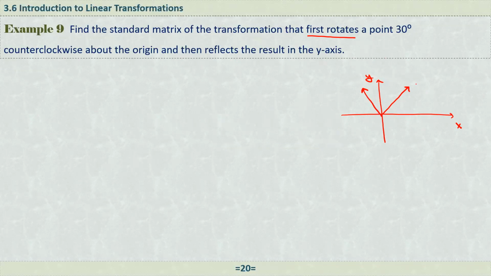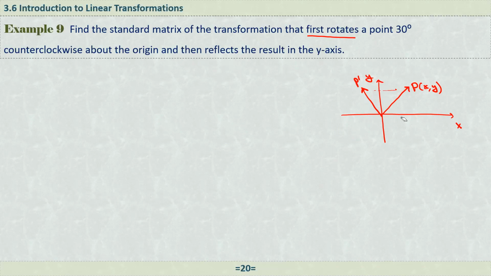So this one is P of x, y, and this image is, let's say, P prime. And after that, it says that it reflects the result in the y-axis. So after that, the result we need to reflect about the y-axis. So here, again, it's just reflected somewhere here.